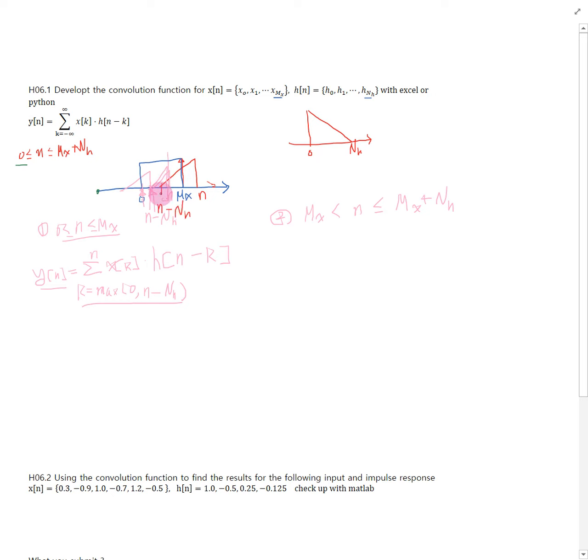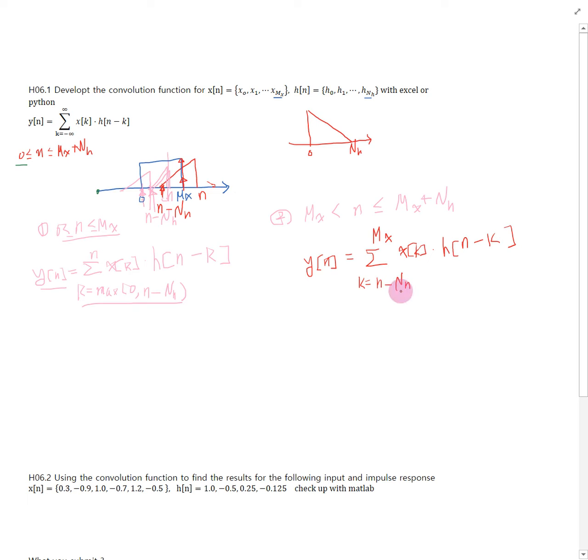So the summation will start from here and end up here. So yn is given by the sum where the maximum is mx and the starting will normally be n minus nh, of xk times h of n minus k.